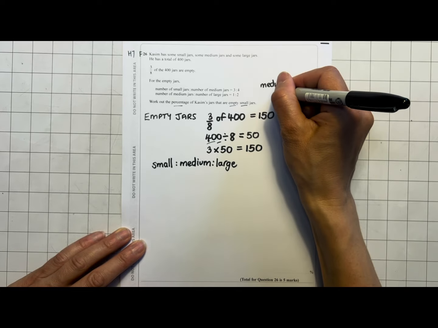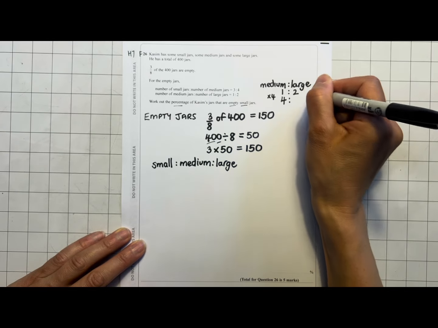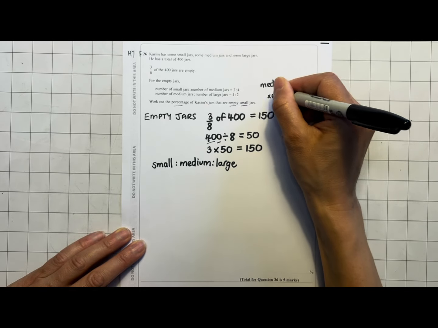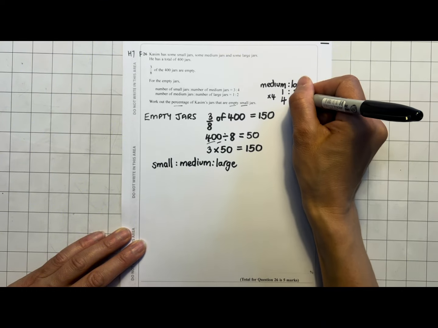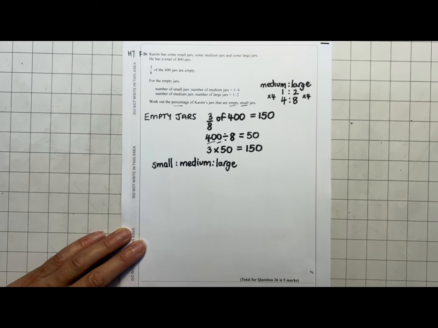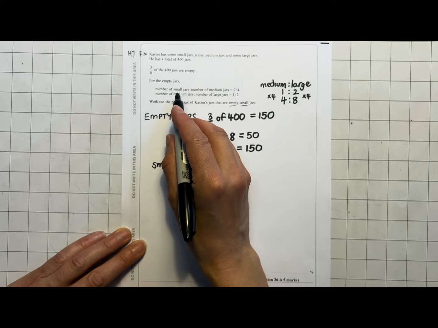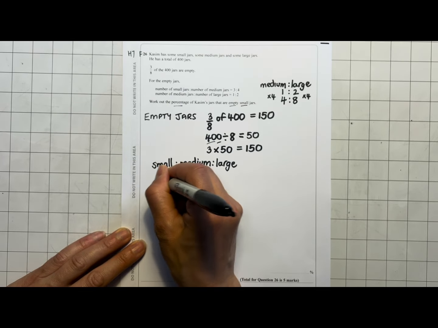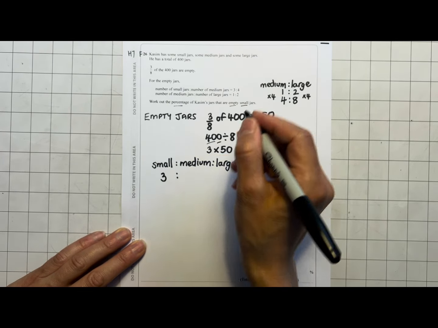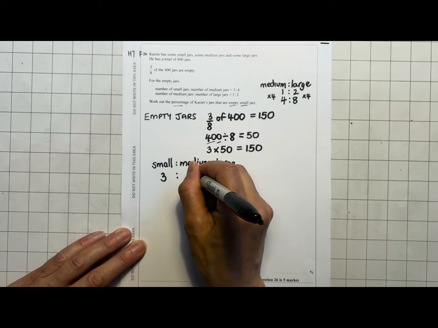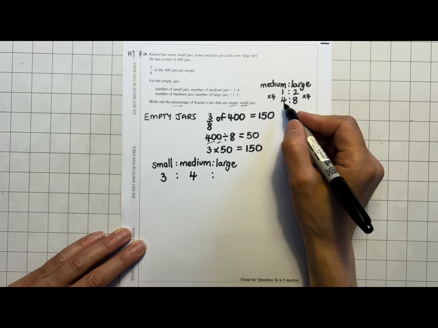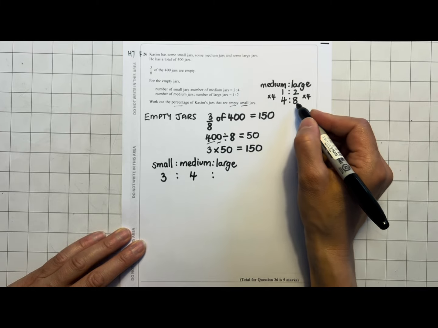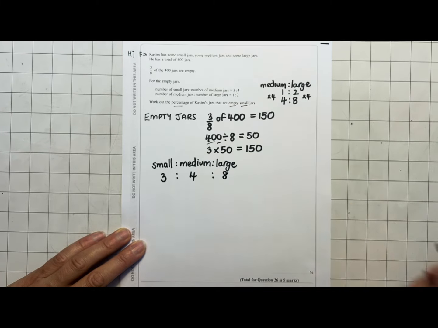And we do this by timesing both sides by 4. 1 times 4 is 4, 2 times 4 is 8. So now when we have 3 parts for the small jars, we have 4 parts for the medium, and when we have 4 parts for the medium jars, we can see we have 8 parts for the large jars.